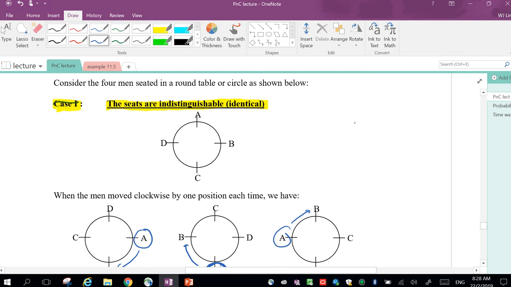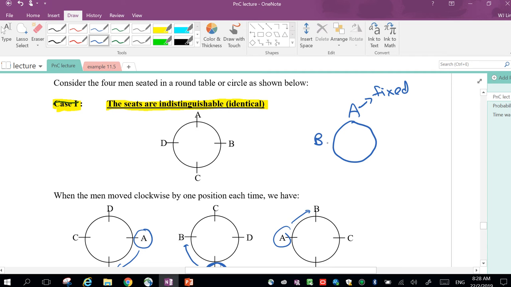You fix the A. The other three people, how to arrange them? There are four people again, A, B, C, D. You fix the A, you look at where the three other people can sit.